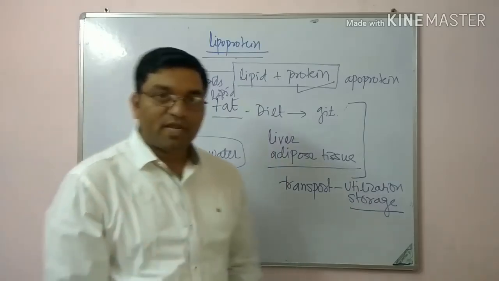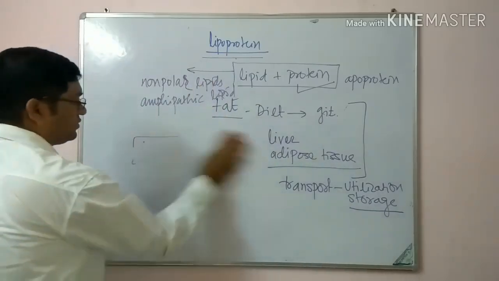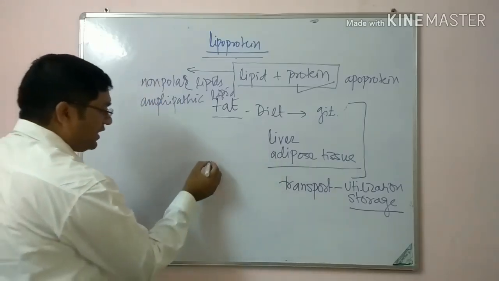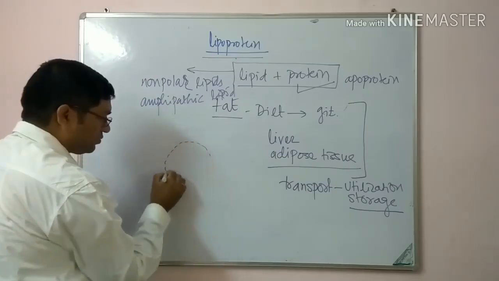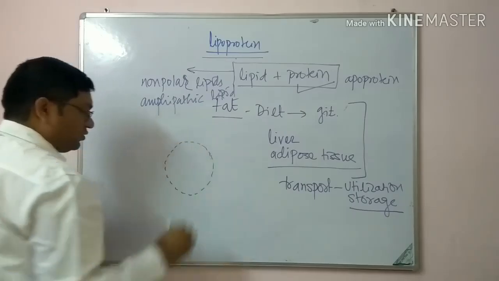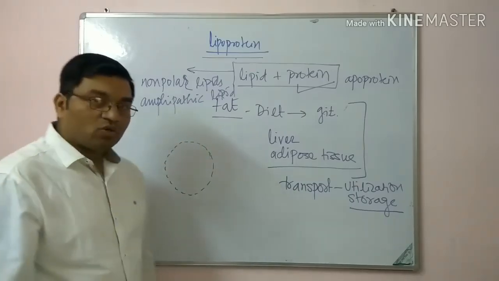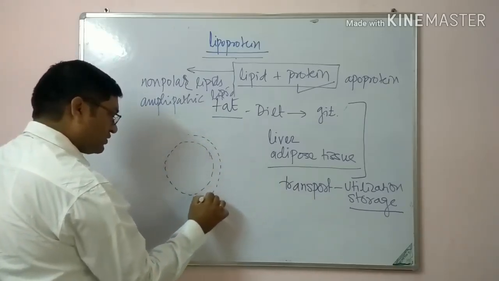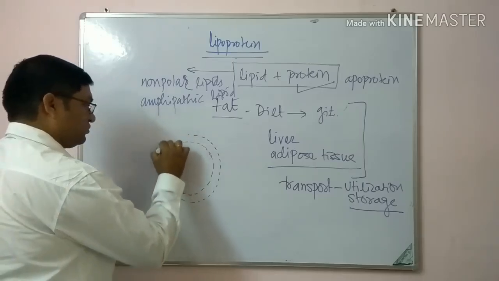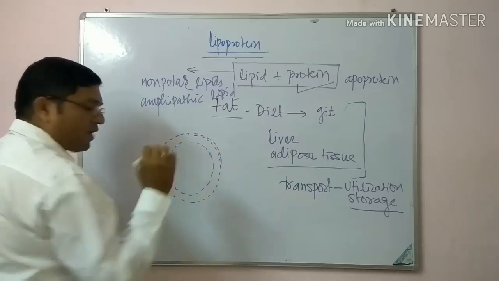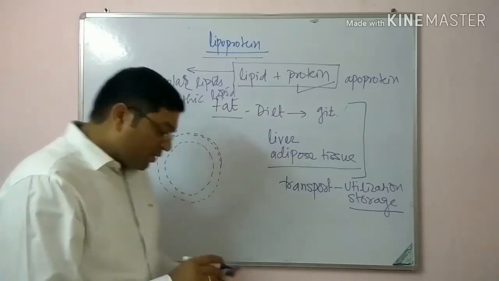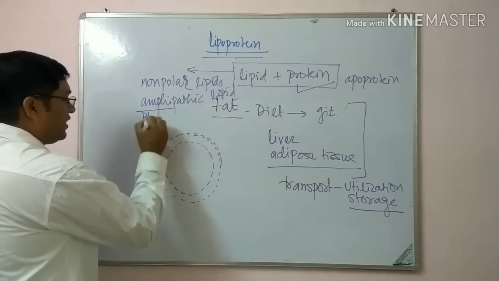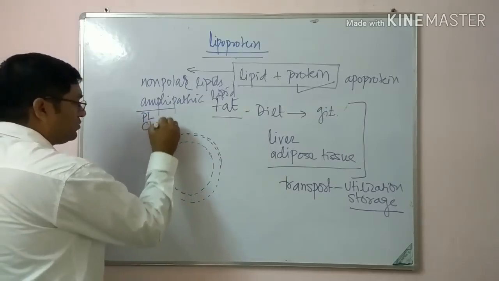Now coming to the structure of lipoprotein. The lipoprotein structure is made up of an inner core, and to this inner core there is an outer monolayer, a single layer of amphipathic lipids. Amphipathic lipids mainly include phospholipid and cholesterol.